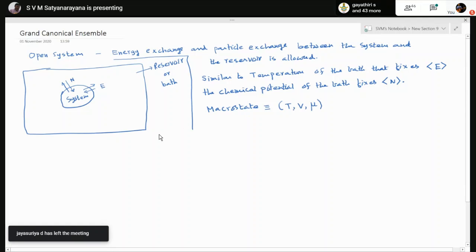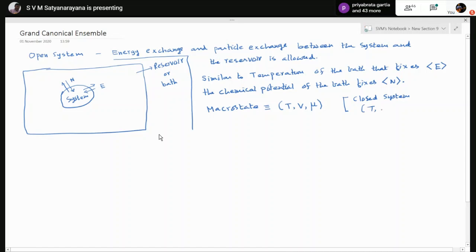Okay, so remember in closed systems, we had temperature, volume, and number of particles. Whereas in an open system, the number of particles is not constant. So you have to define something called the chemical potential, which is fixed.